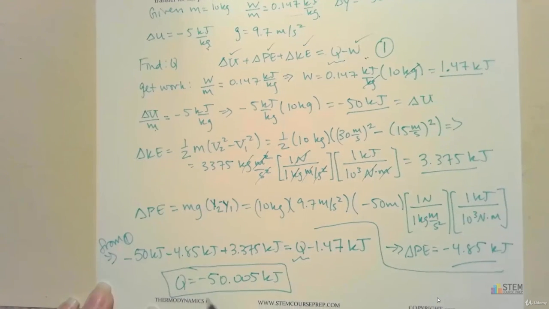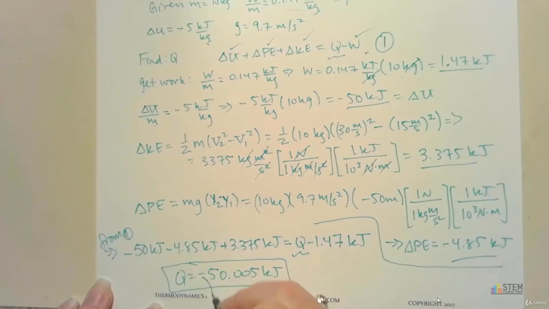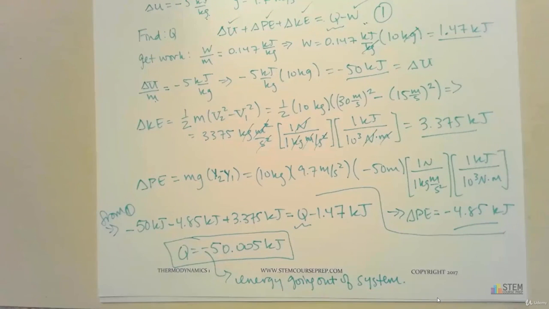It's negative, so what does that tell us? If you go back to your sign convention, that means you've got energy going out of your system. Inside your system, it's hotter than the surroundings outside, so energy is leaving your system and going to the surroundings.